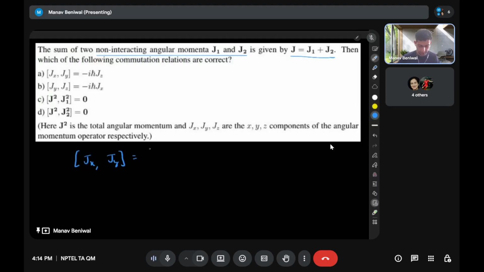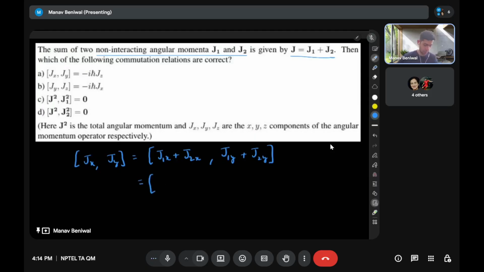Now I can write Jx as J1x plus J2x and Jy as J1y plus J2y, and then we can separate them out.